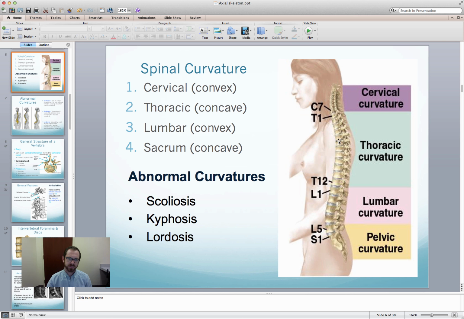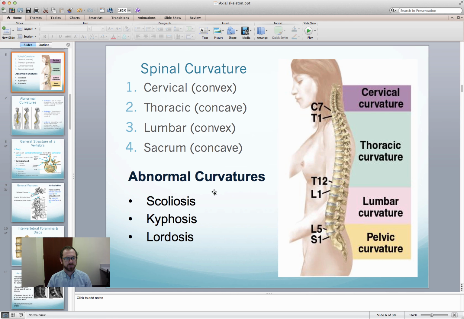Your thoracic forms a concave curvature. Your lumbar forms a convex, and your sacrum forms this concave. And so you have this S-shaped curvature to your vertebrae, switching between a convex and concave curvature. And that's all part of the natural curvature of your vertebral column.